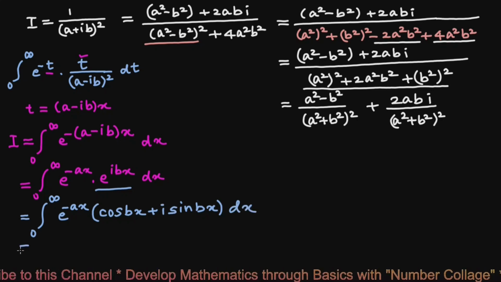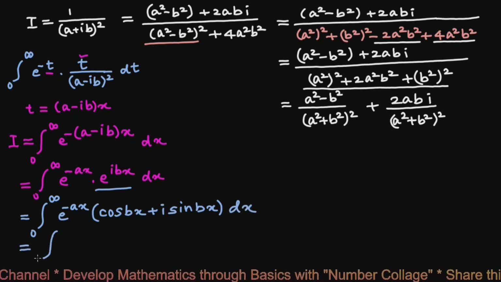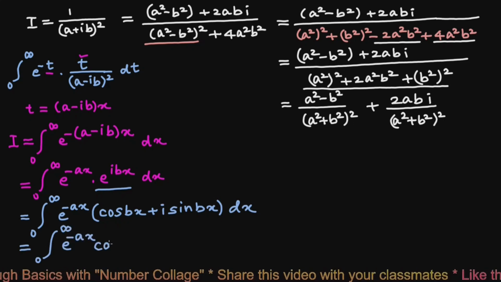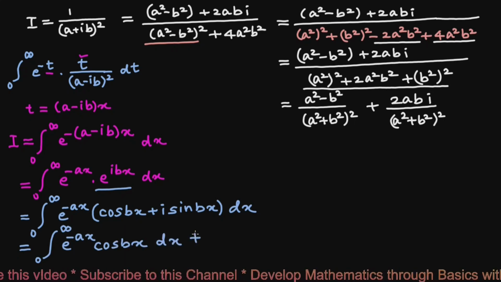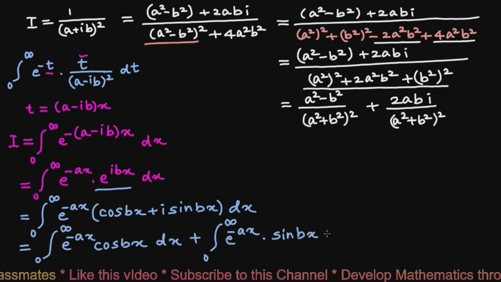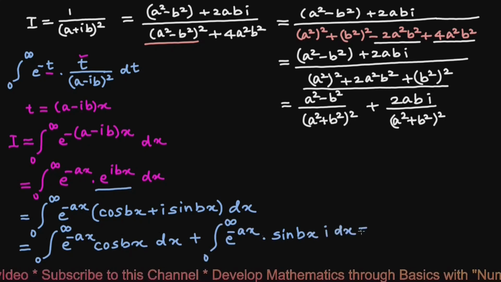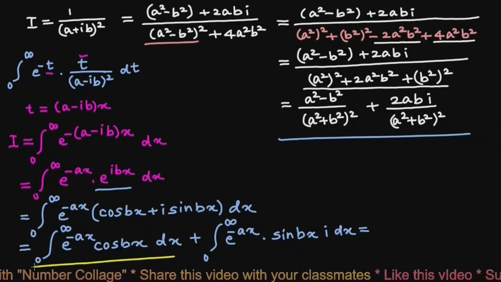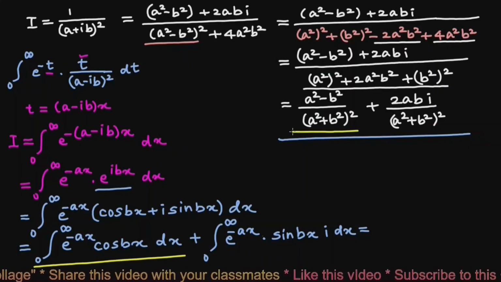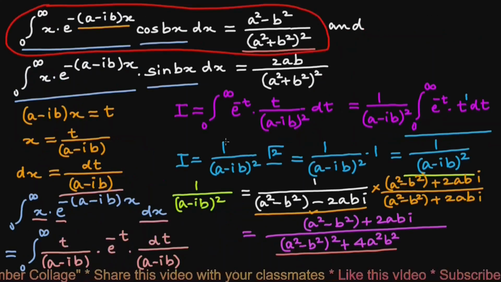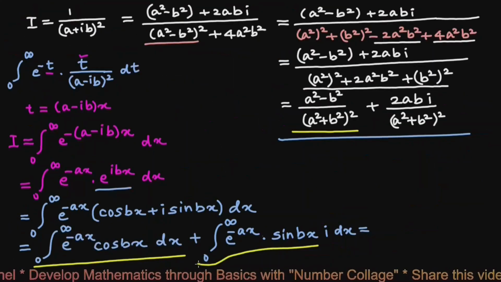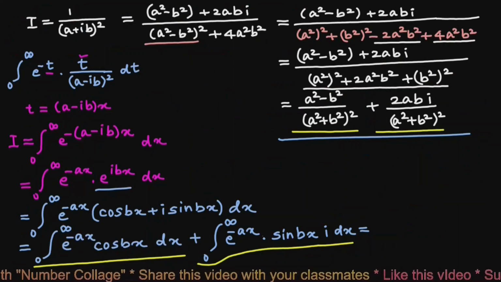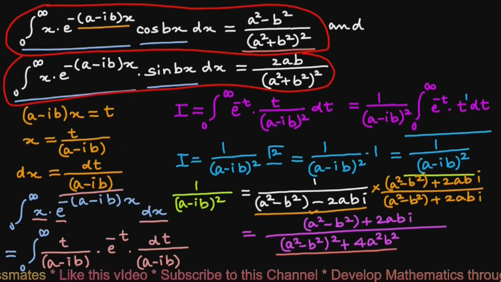So this integral is split into two parts, integral from 0 to infinity of e raised to minus ax cos bx dx plus i into integral of e raised to minus ax sin bx dx, which is equal to this whole thing. Now if we equate this real part of the integral with this real part, we will get this first result, and if we equate this imaginary part with this imaginary part, we will get this second result.